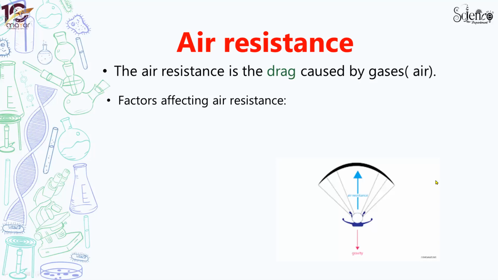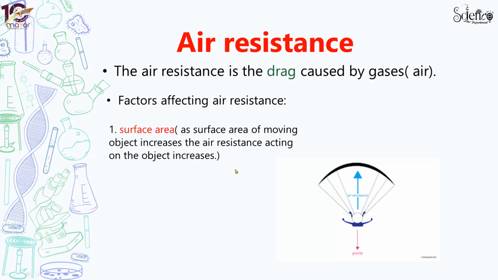One of the factors affecting air resistance is the surface area of the object. Bravo. Excellent. Another one, Zaina Al-Johari. Is it the speed? Of course. Okay, well done. So, first of all, surface area.